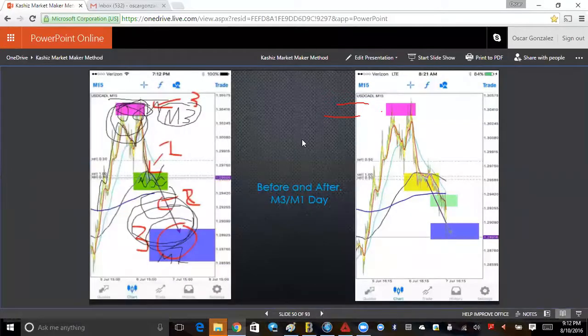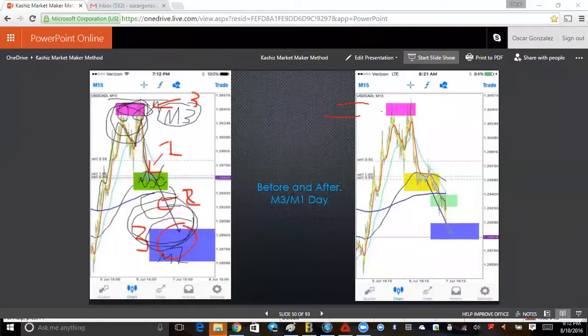All right, this is the example I'm talking about. USD CAD. So remember what I said, that when you start adding all the things together and lining them up, this can be a possible good setup. So before and after M3, M1 day, I knew price was rising, I think about 2.5 to 3 days. It rose, came here, came back, repeated the level back in London.